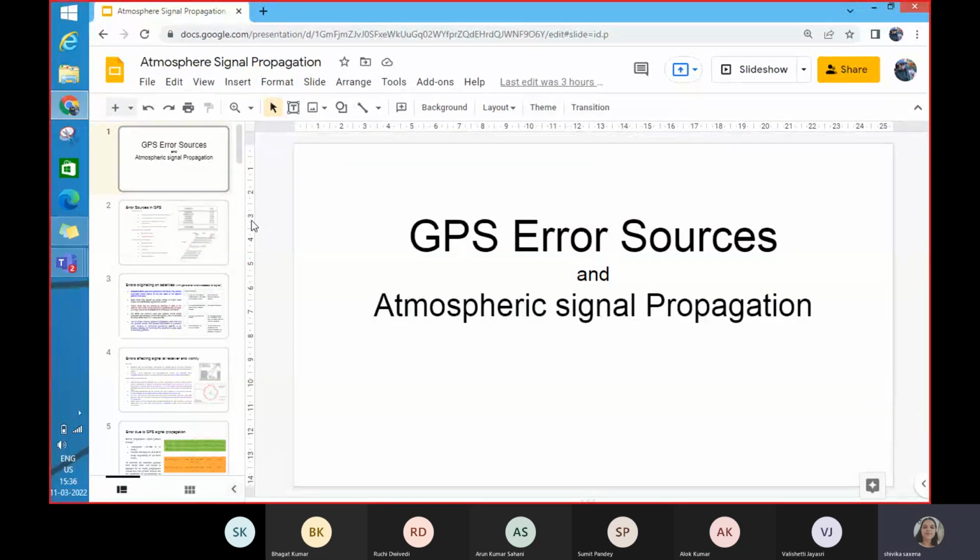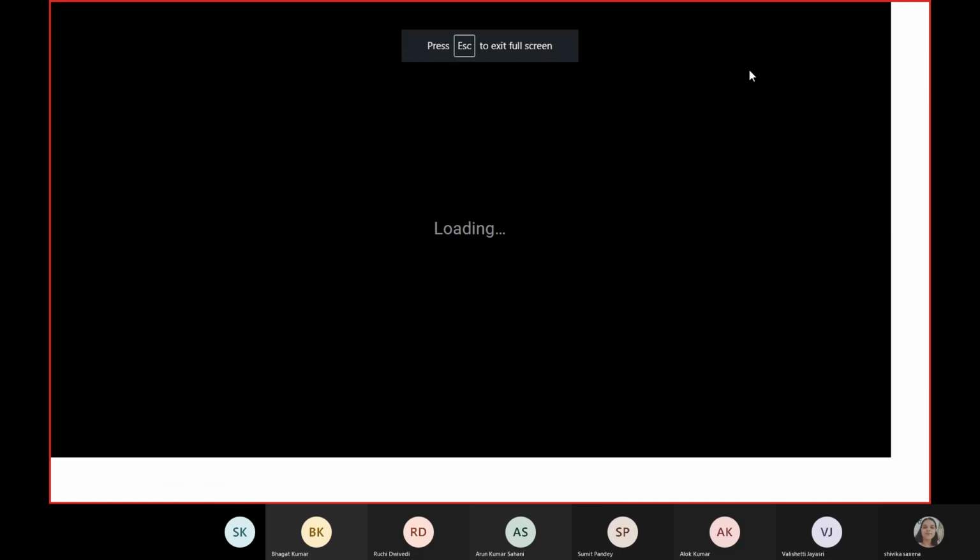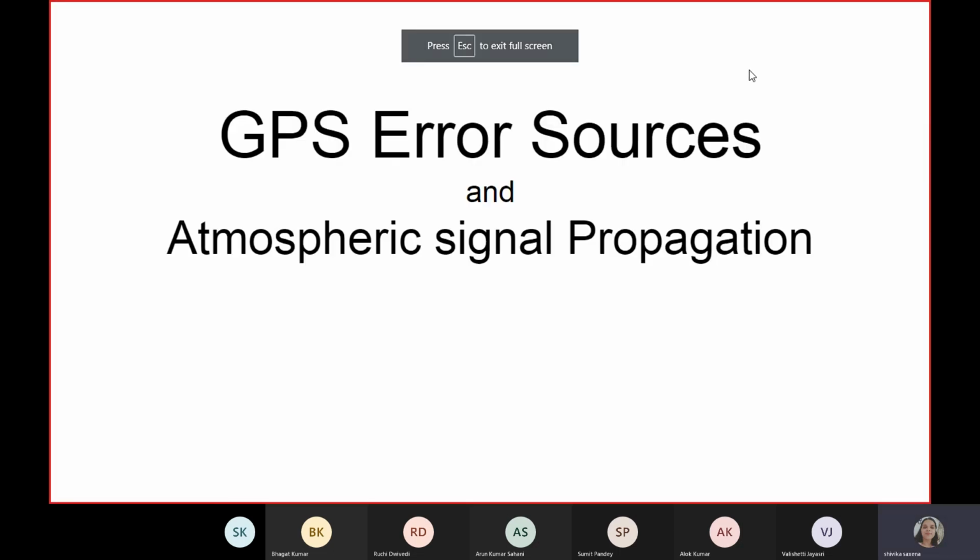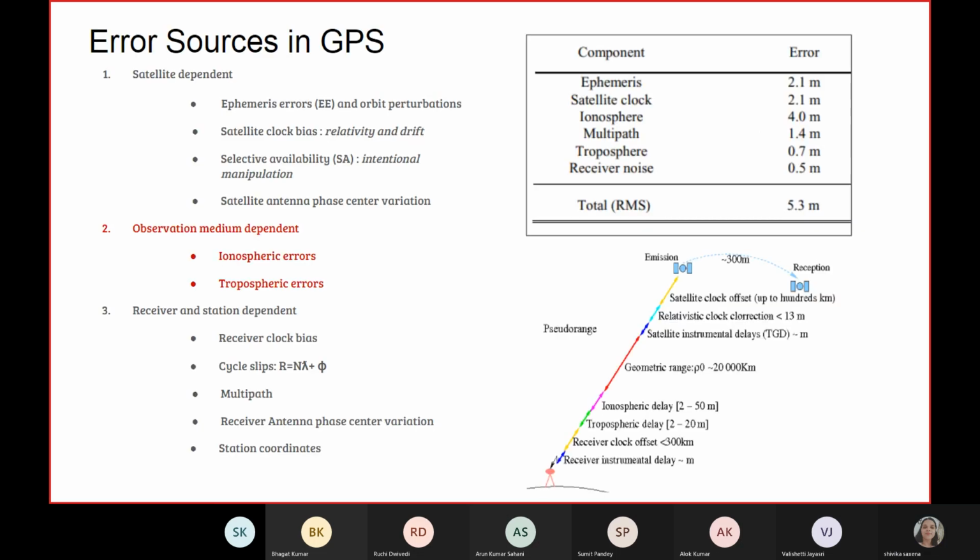Before we start, do you have any doubts from yesterday's lecture? We had a discussion on GPS error sources and atmospheric signal propagation. So we were discussing three major error sources.